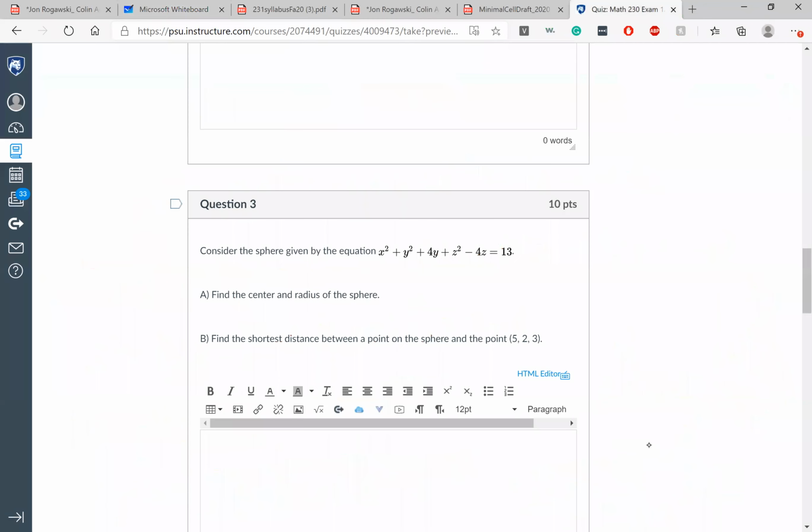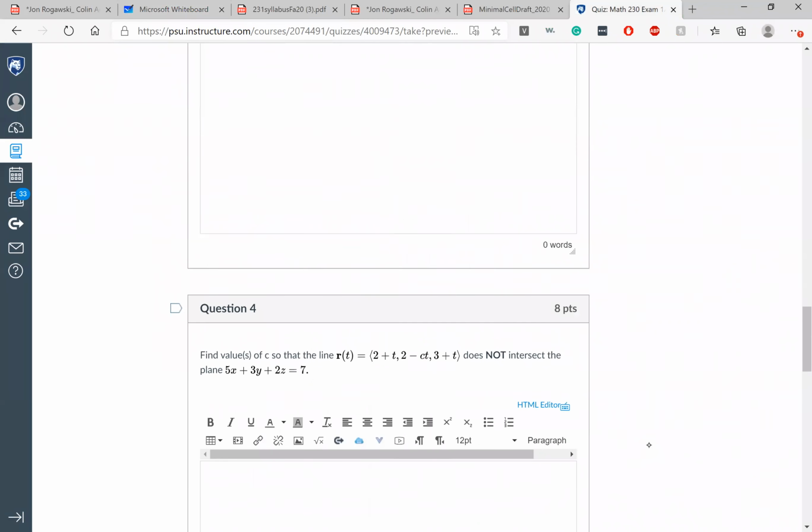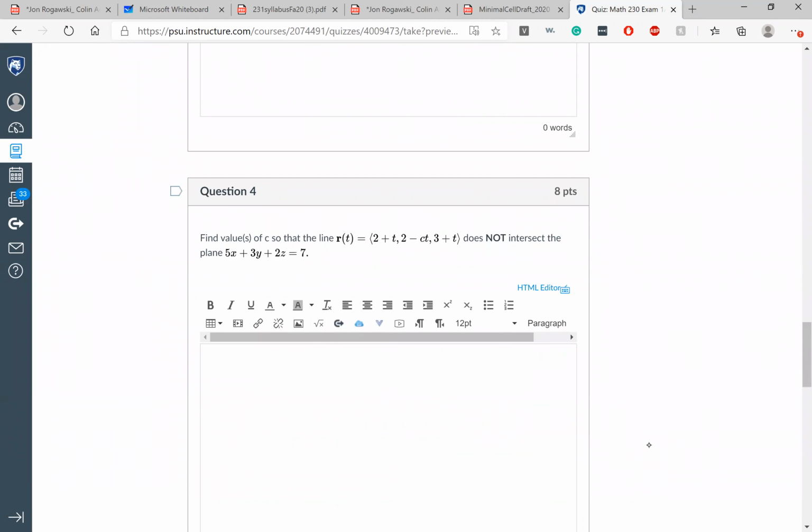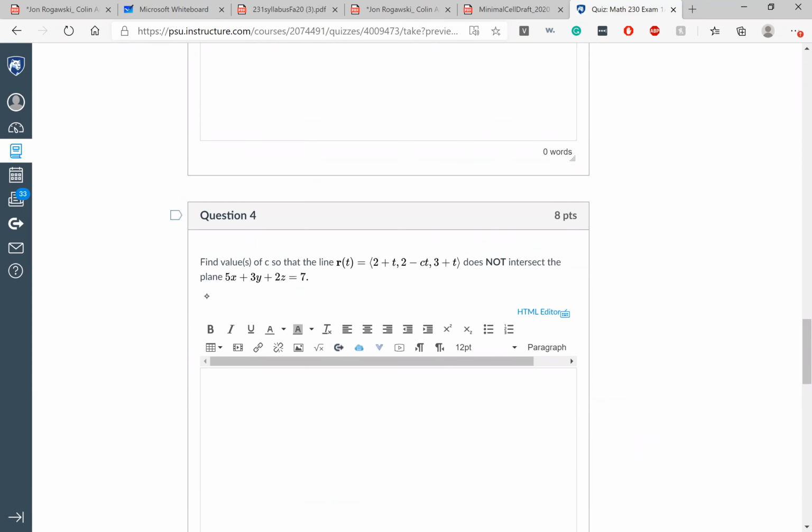Okay. So now they want us to find the values of c so that the line r(t) equal to this does not intersect this plane. Okay, so let's see how we can think about this.